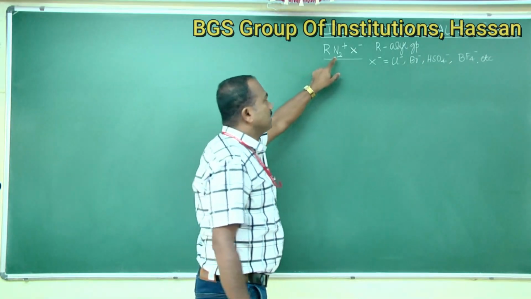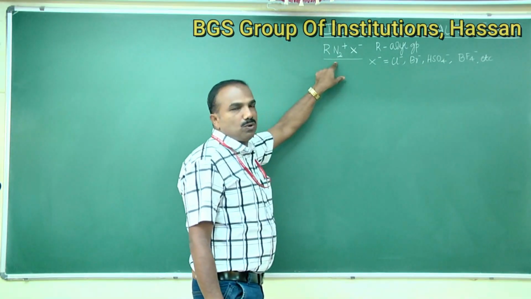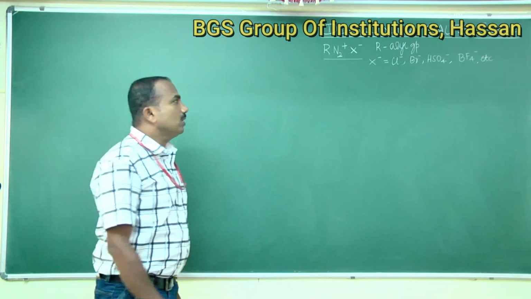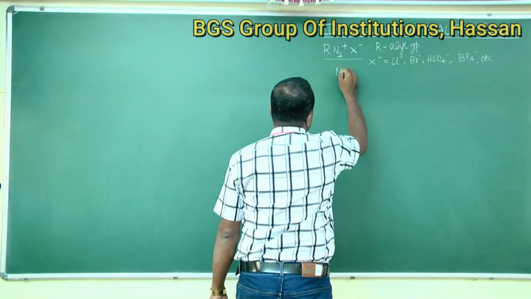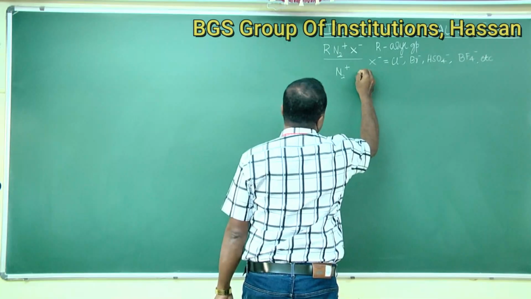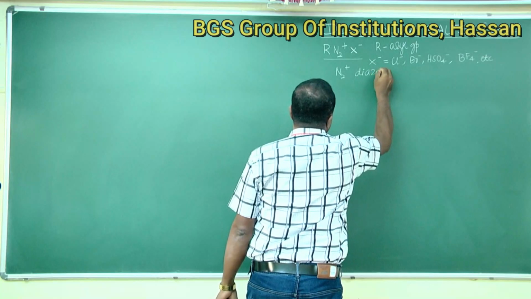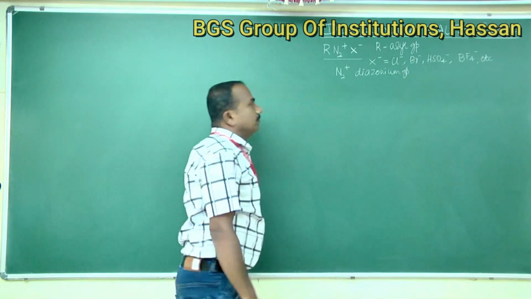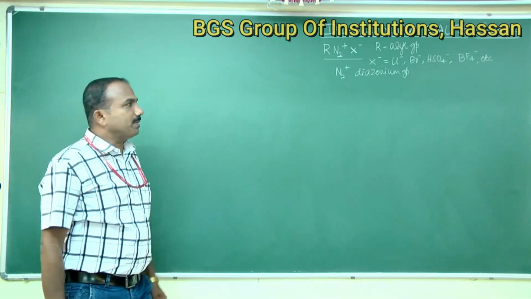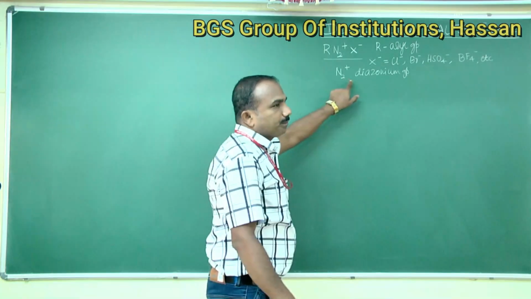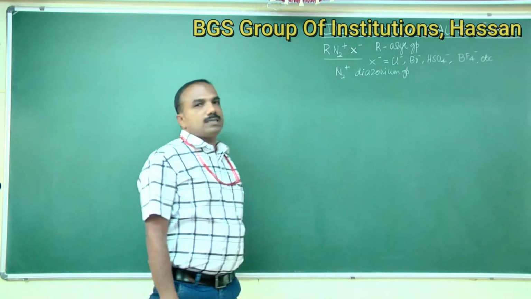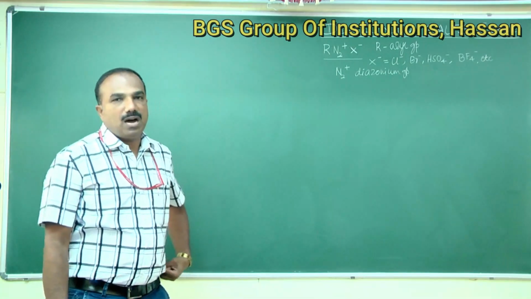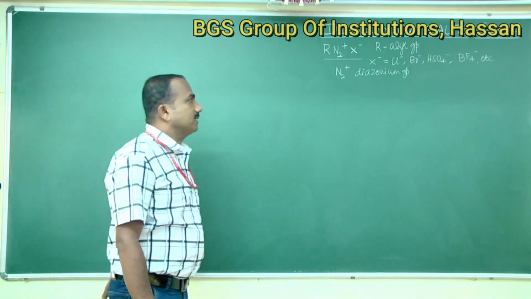The N2+ group is called the diazonium group. Therefore, diazonium salts are represented by the formula RN2+X-.